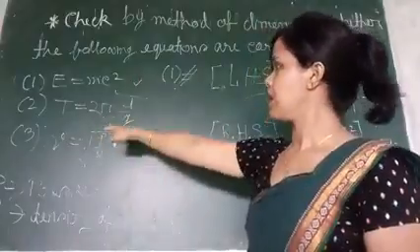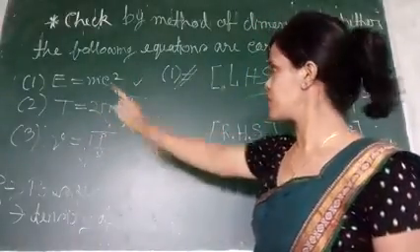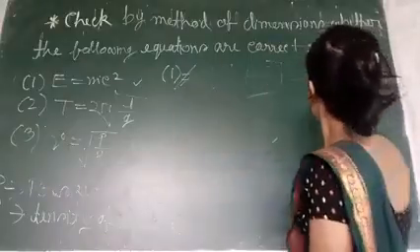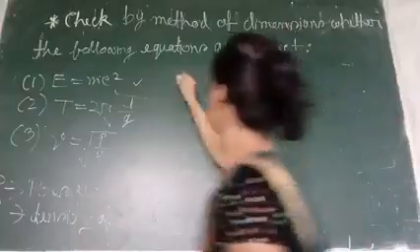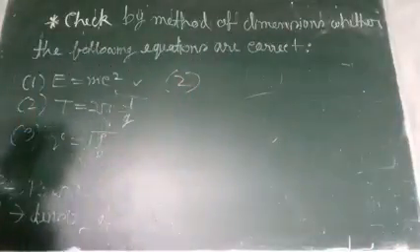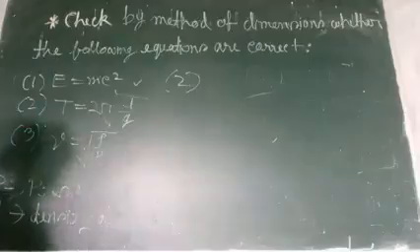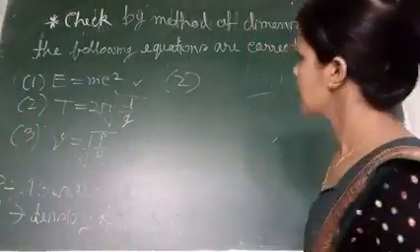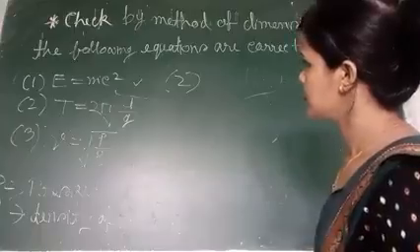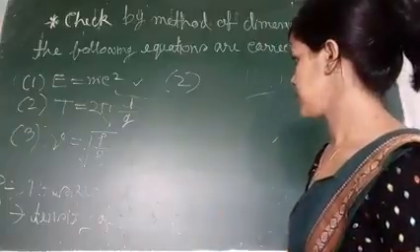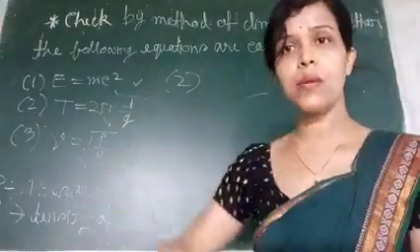After that, let me check out equation number 2. Equation number 2, what is it? T means tension, which is created in the string of a simple pendulum.